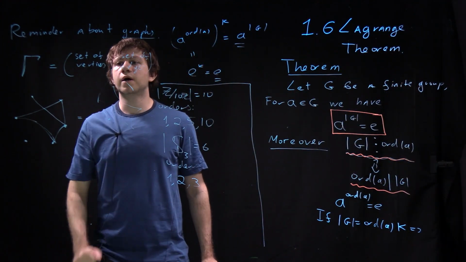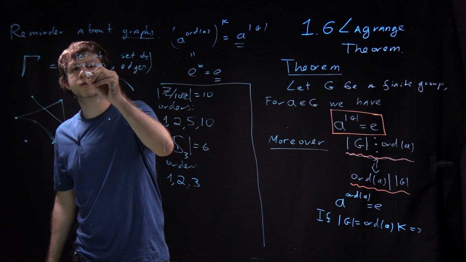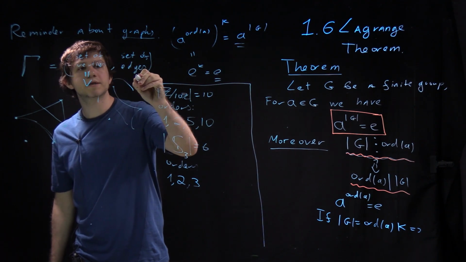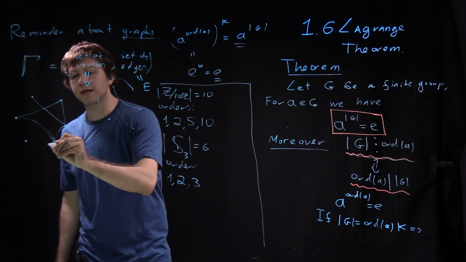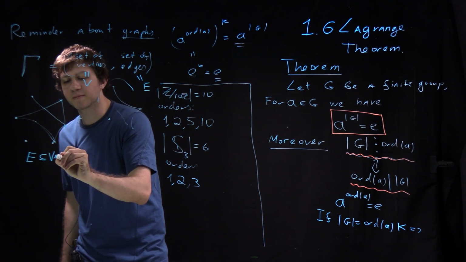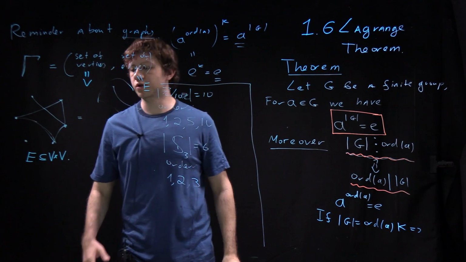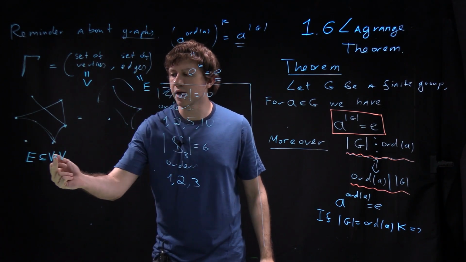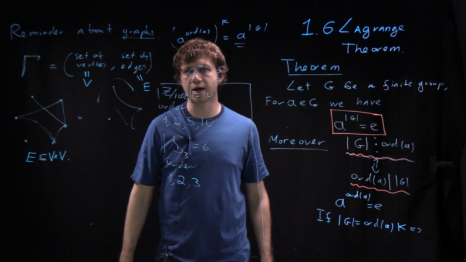Okay, so how to define it formally? The set of vertices is just some set V, and for the set of edges, one way to say is that E is just any subset of V times V. Every edge is just a pair of vertices, beginning and end.